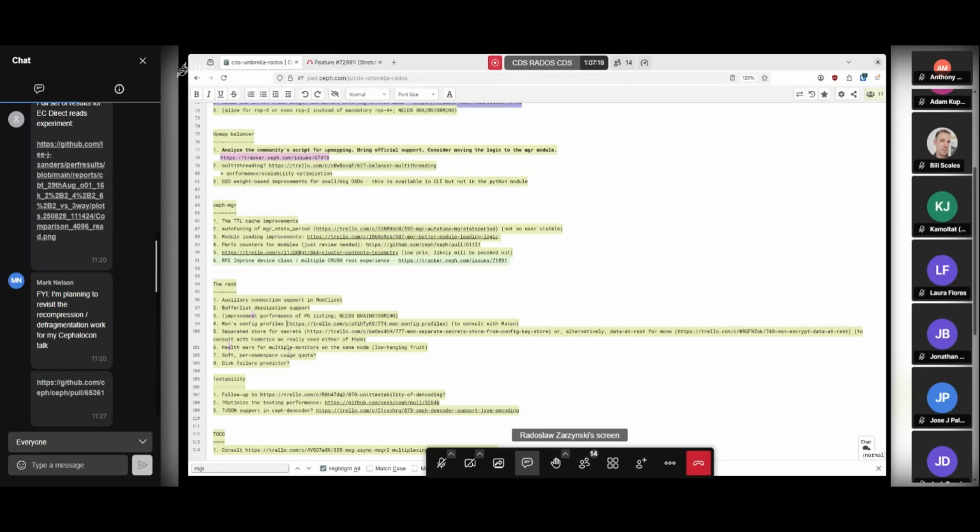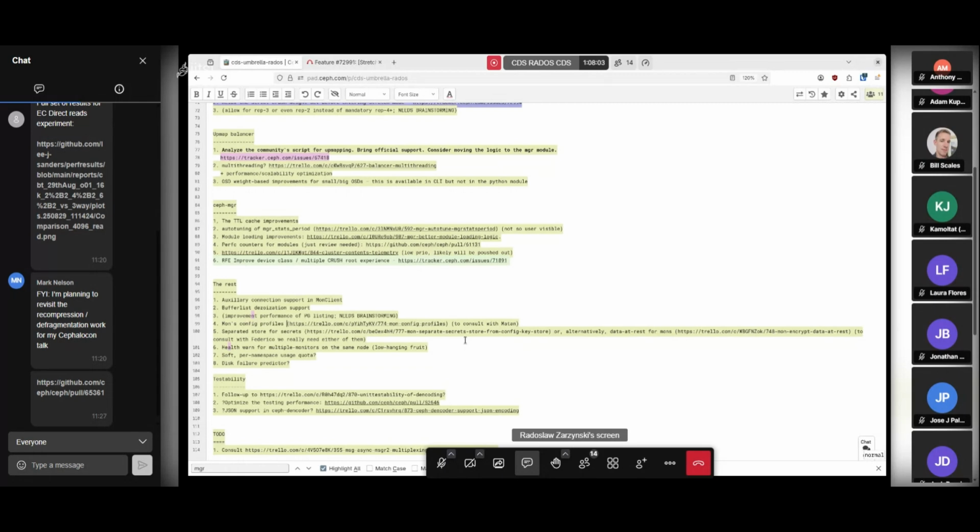Next thing, separated stores for secrets. Part of data at rest for months. Now we tend to store everything in the monitors' config DB, sometimes even including secrets, while there is a need for moving this responsibility somewhere else, to a specialized component.